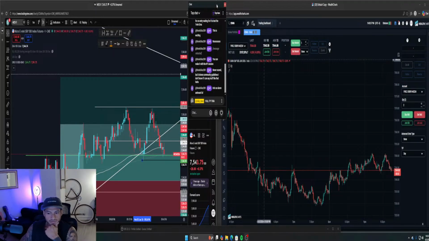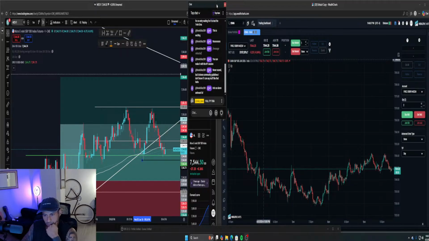Pretty aggressive push off that 1 minute EMA. Got to get back above that. Really want to see us stay above that black line I just drew right on the chart. I don't want to see price go below that.